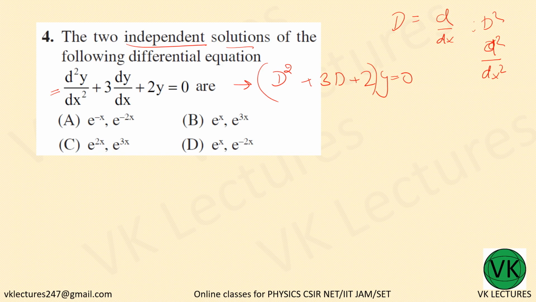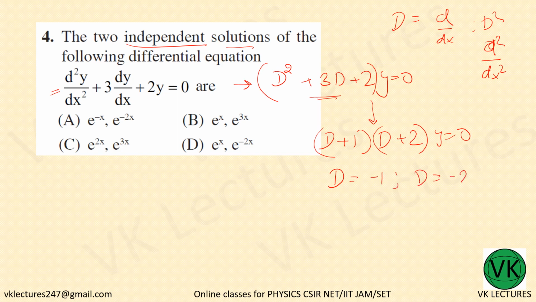Now this is a quadratic equation in D. We can split the middle term and write D plus 1 into D plus 2 times y equal to 0, right? So what is the value of D? D equal to minus 1 and D equal to minus 2. So then what is y?